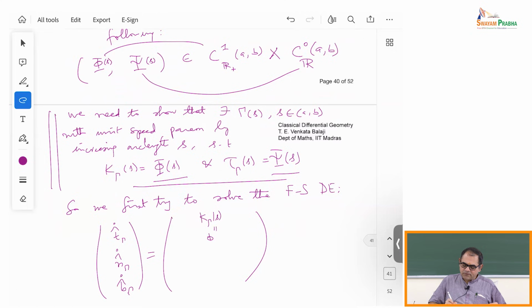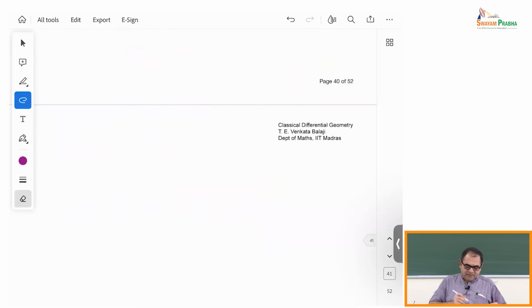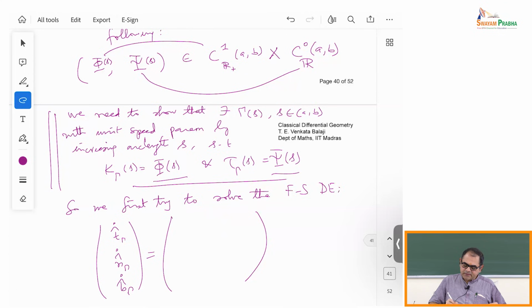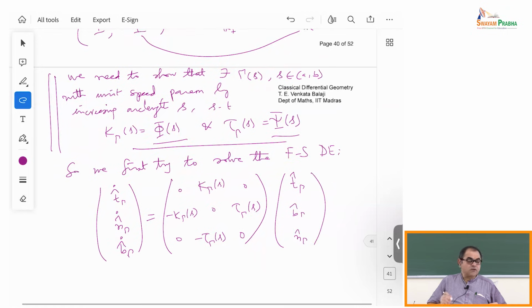So here I will put phi of s. Let me first write it as it is: k gamma of s, 0, 0; minus k gamma of s, 0, tau gamma of s; then 0, minus tau gamma of s, 0, and then here I will get T, B, N. So you have to solve this.